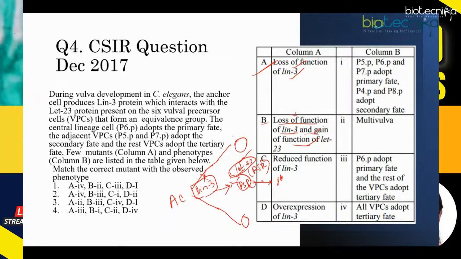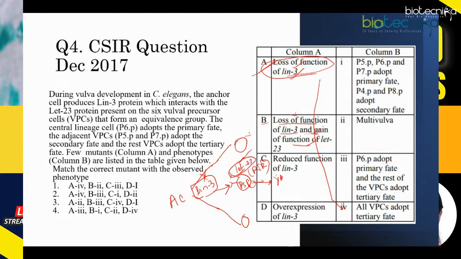So even if the signal is lost, if the receptor is activated, you will be getting the normal expression. In fact, more expression is possible, isn't it? But if there is a loss of function mutation, then neither the primary fate nor the secondary fate will be formed. So in that case, all the VPCs will take the tertiary fate.